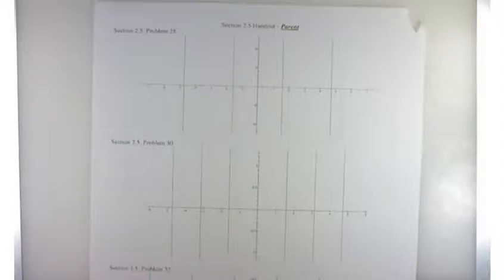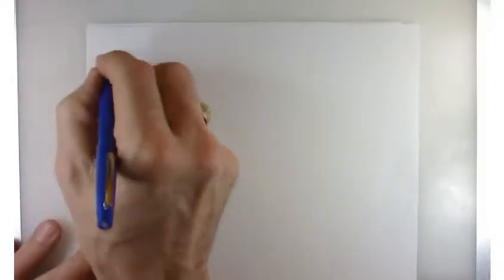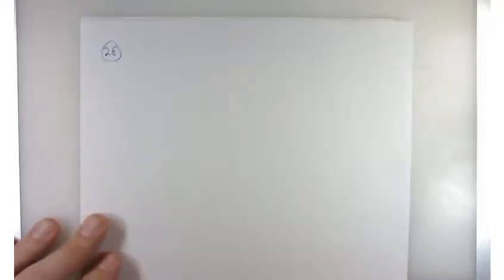Problem 28 is y equals -4 times the secant of x. Well, let's understand a few things about that. Y equals -4 times the secant of x.